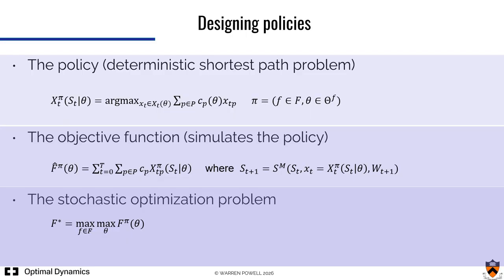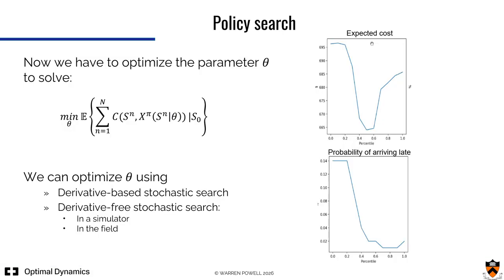That's the choice of F. And then now I have the tuning of theta. Now, theta here is just a scalar. I can try different values of theta. Here, we've done a number of simulations. If I'm minimizing the expected cost, it turns out that the optimal theta really is the 50th percentile, okay? But let's say I actually need to get home for dinner and I really don't want to arrive late.